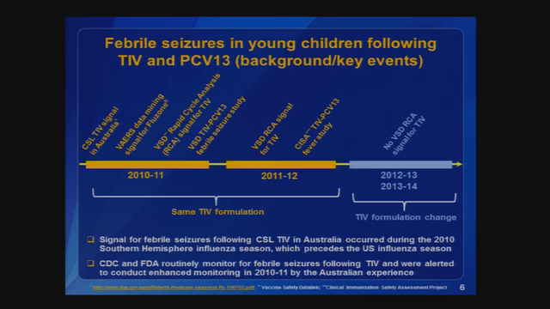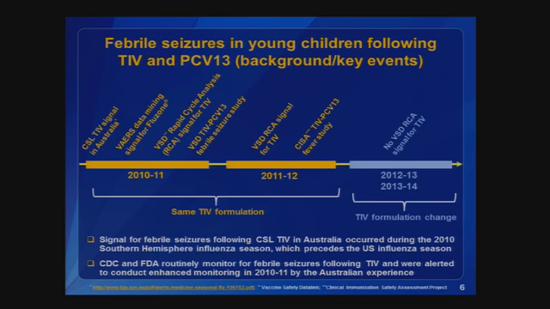So in the Southern Hemisphere, there was a signal for febrile seizures following a CSL trivalent inactivated influenza vaccine in young children. And the Southern Hemisphere influenza season precedes the U.S. influenza season. Because of this finding in Australia, CDC and FDA conducted enhanced monitoring in 2010-2011 for febrile seizures.